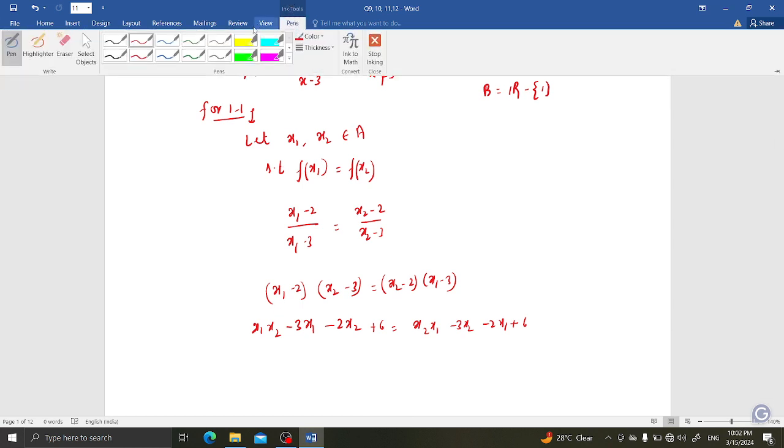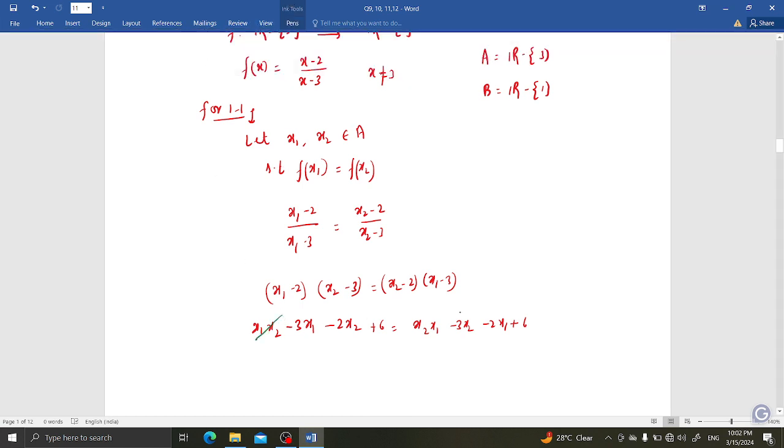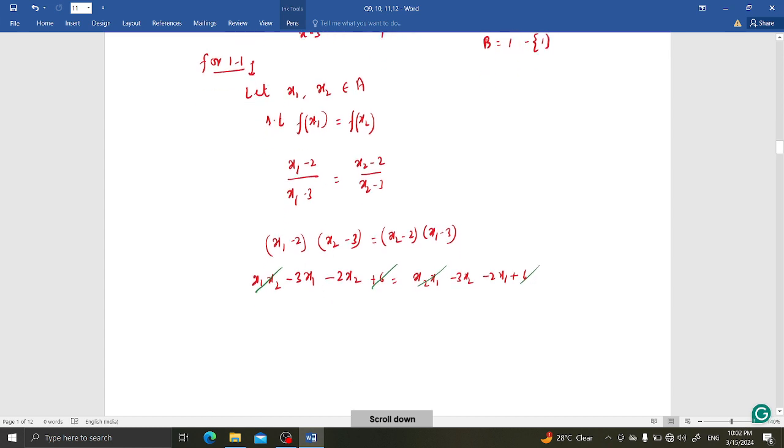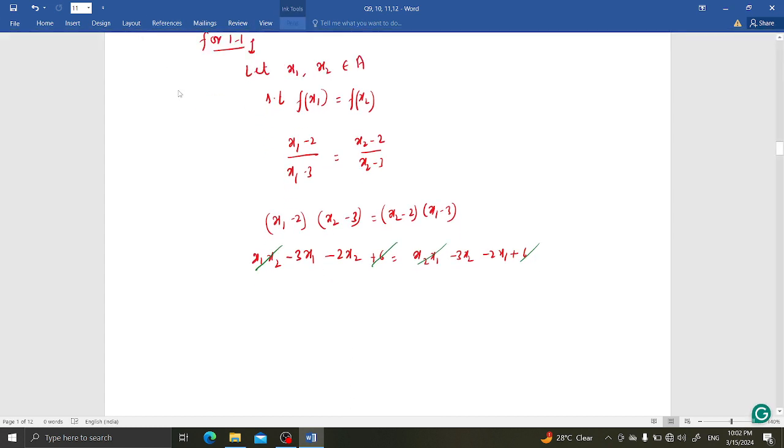See, x1 x2 and x1 x2 cancel, and 6 and 6 cancel. Now we need to write minus 3 x1 and minus 2 x1. I'll take that thing to this side and this one to this side. So x2 here, x1 there, and they are equal. So it means that f is a one-one function from A to B.